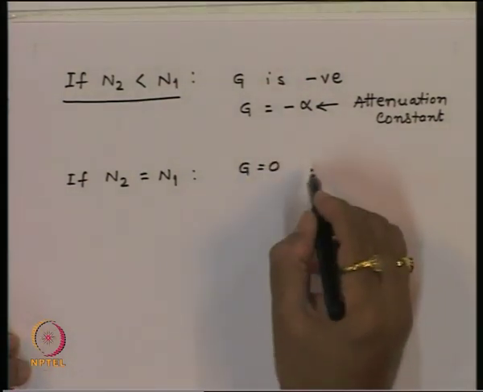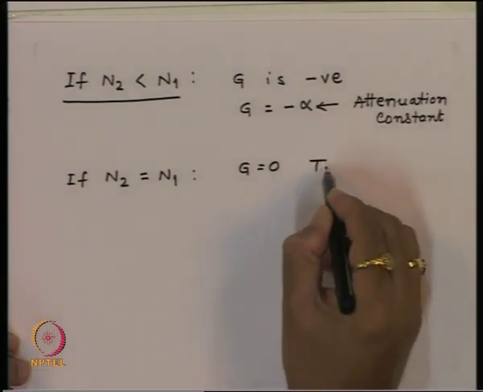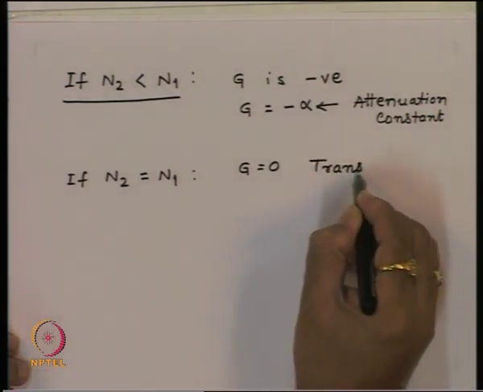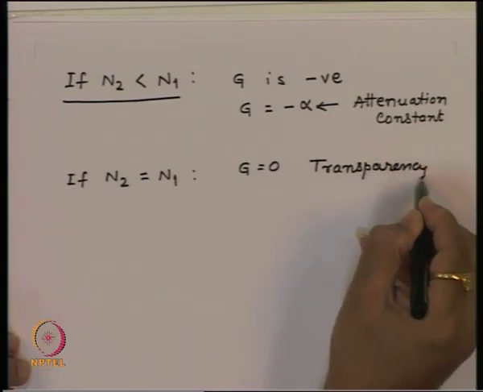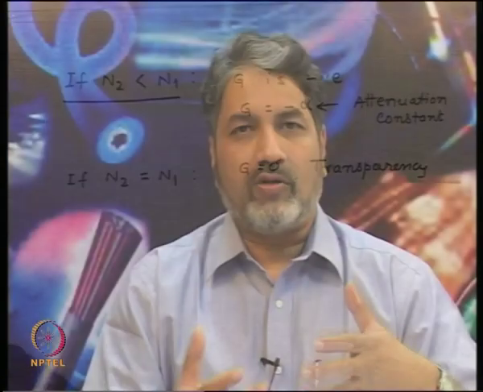and then we call this the transparency condition. That means the photon flux neither grows nor decays as it travels inside the material.